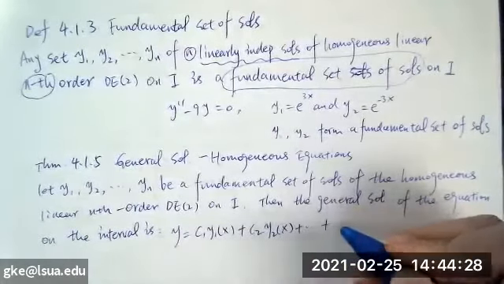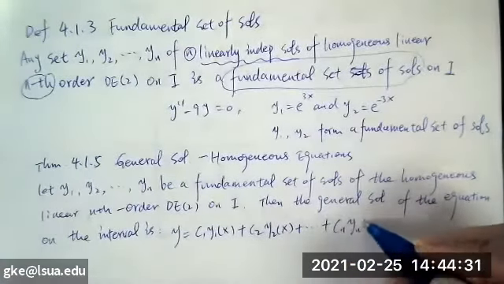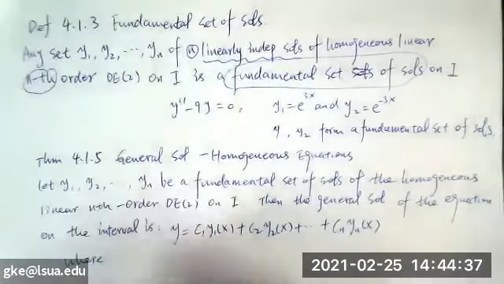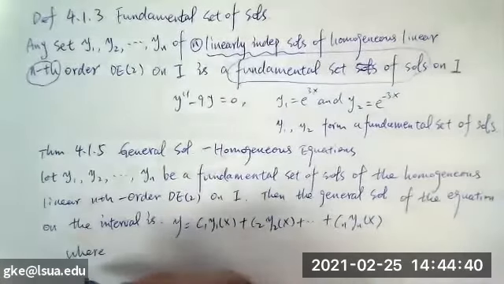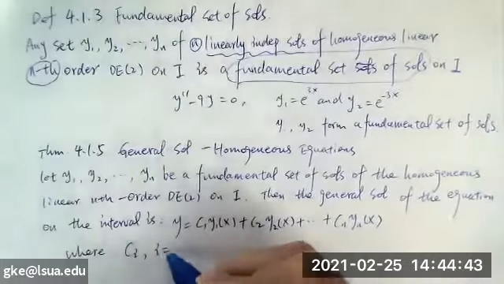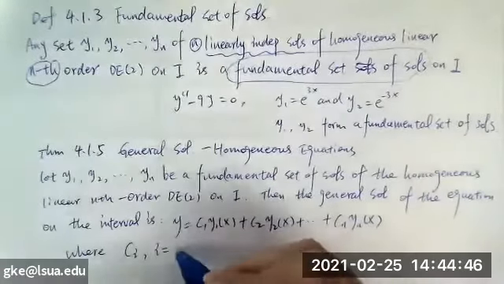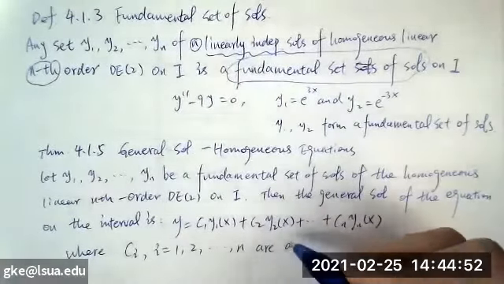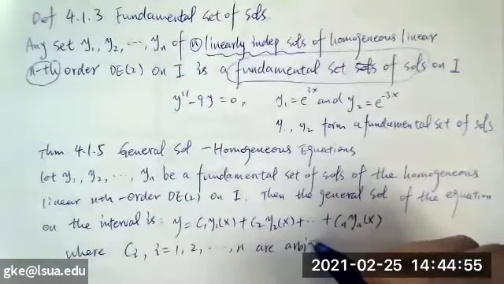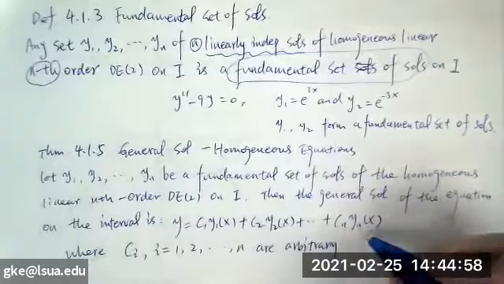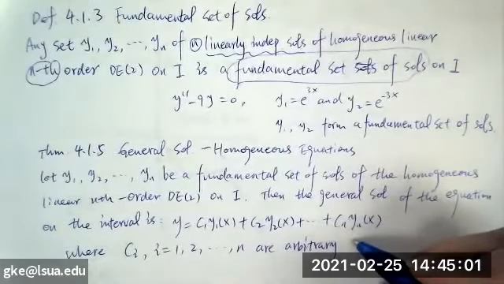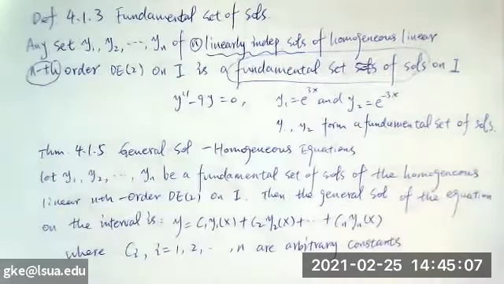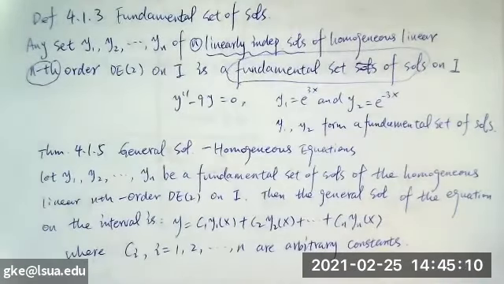It's a linear combination of all of those, where Ci, i equals 1, 2, ..., n, are arbitrary constants.